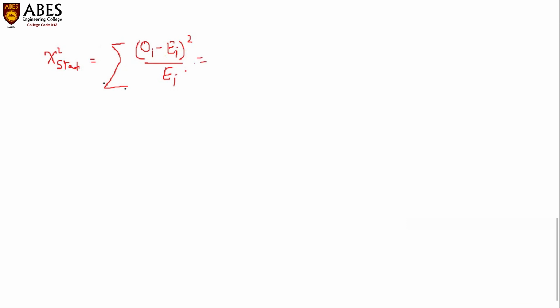That is, the observed frequency for the first category was 315. So (315 minus expected value 312.75) whole square upon Ei, expected frequency 312.75.